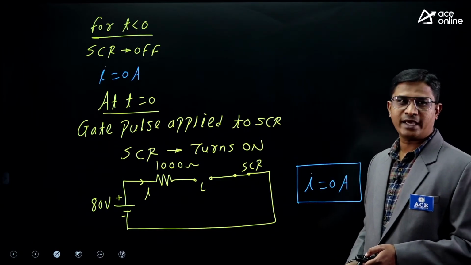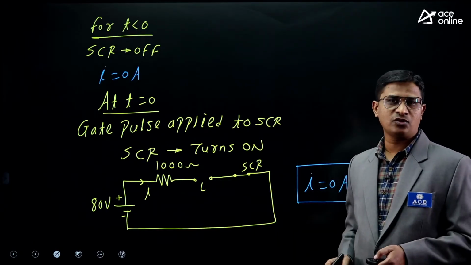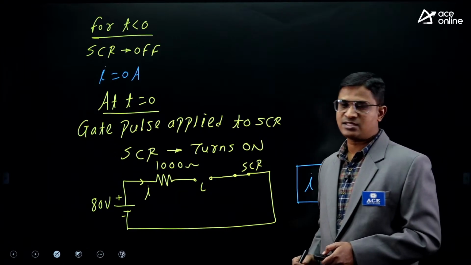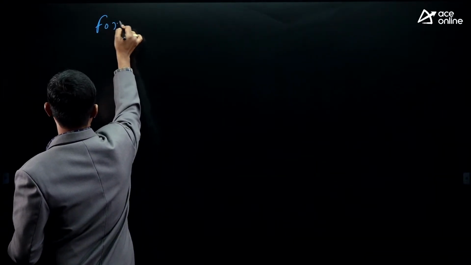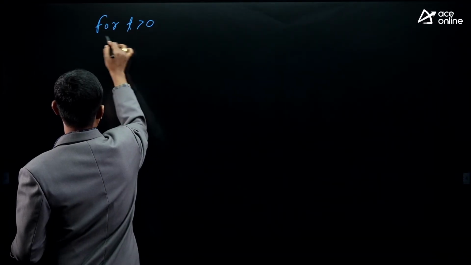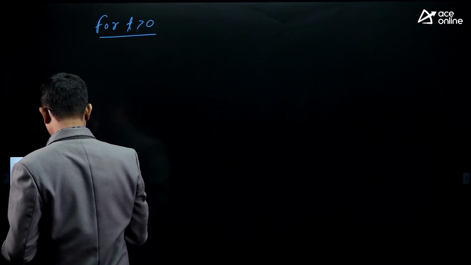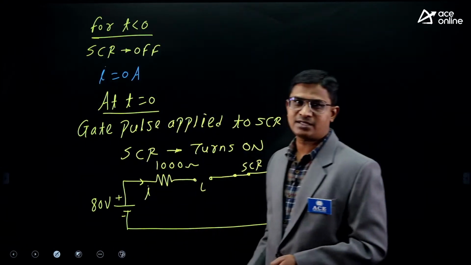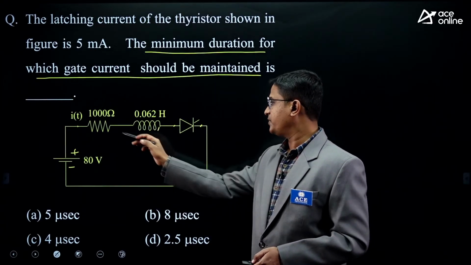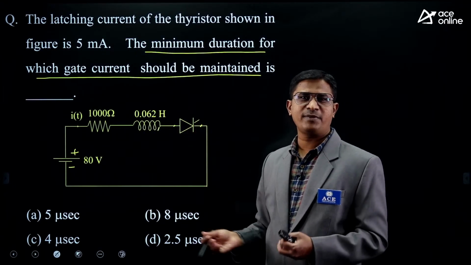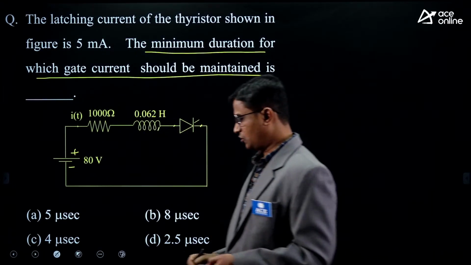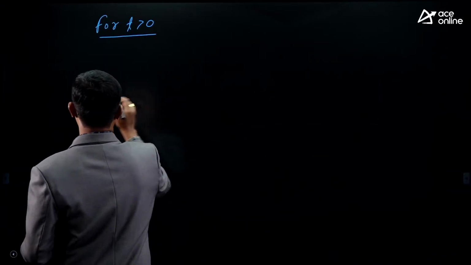Next, for t greater than 0, what will happen? We know from network transients that for t greater than 0, the resistor will act as a resistor, the inductor will act as an inductor, and the SCR will be in on state. So we can draw the circuit.